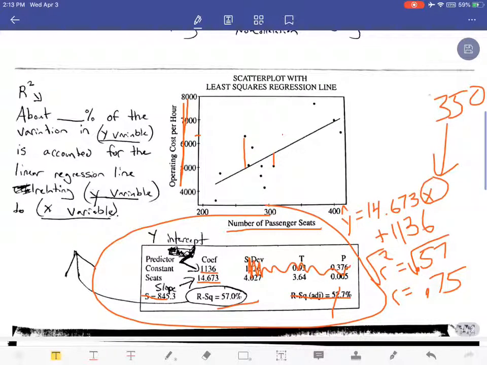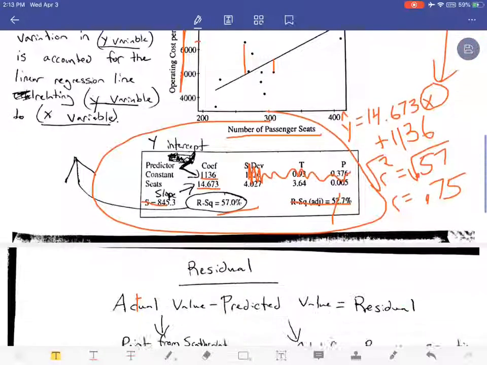If x was 0, that means when there were no seats on the plane, we expect the average operating cost per hour to be $1,136, which doesn't make sense because you need to have a seat on the plane, right? You're never going to have a plane without any seats on it. So that's a case where it would not make sense, but there are certain cases where it would make sense. So then you would have to know how to interpret it.